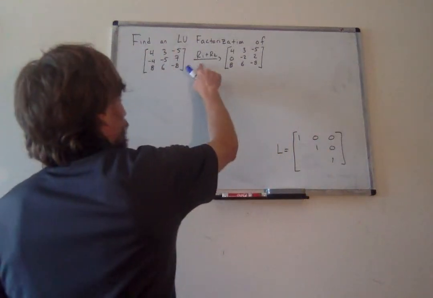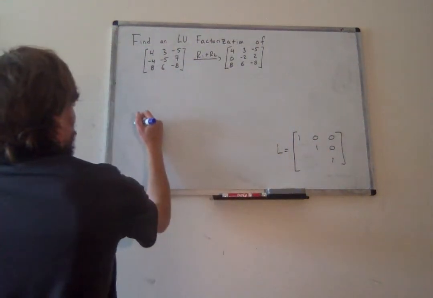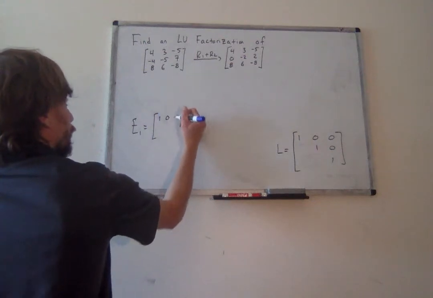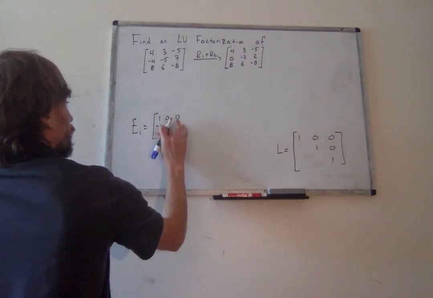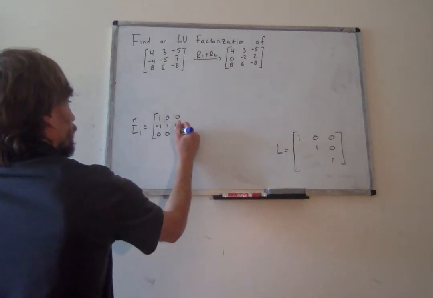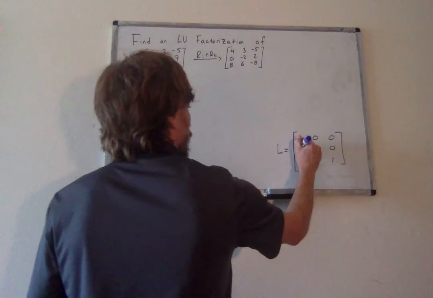And so here, notice I've got row 1 plus row 2, right? So the opposite elementary matrix would be negative row 1 plus row 2. And so I'd fill in a negative 1 there.